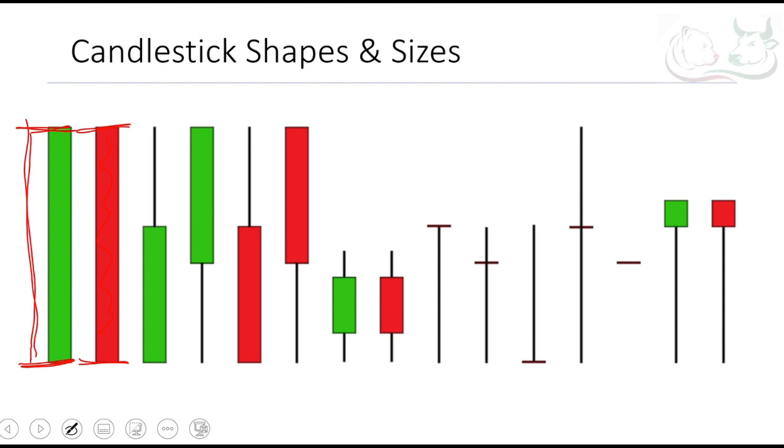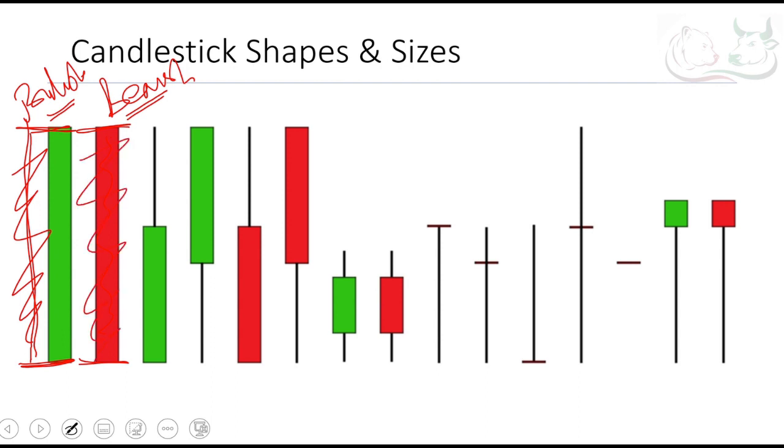So this is a very bearish candle, and this is a very strong bullish candle, right? So this is the difference. Any bull would love this kind of candle, as it shows that bulls are in control of the whole day, and this candle shows that the bears are in control of the day, right?